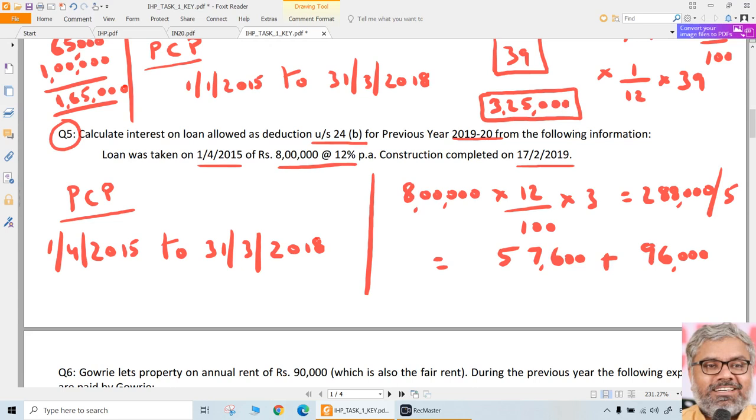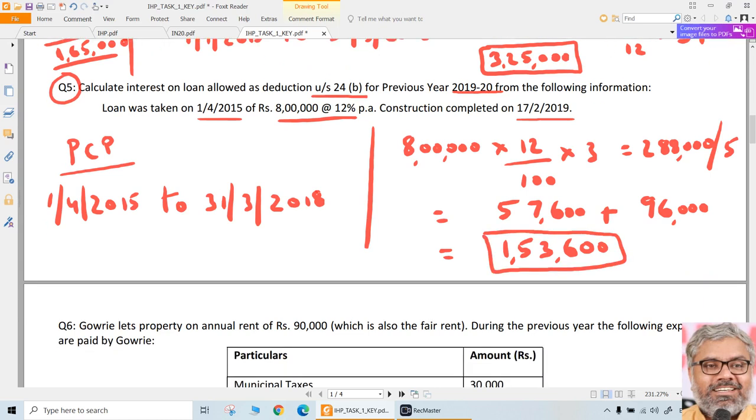So 8 lakhs into 12% was already 96,000. So adding that to the pre-construction interest, total allowed deduction under section 24B in this case, final answer will be 1,53,600 rupees. That is the final answer.